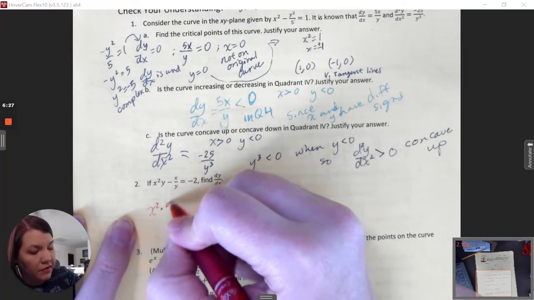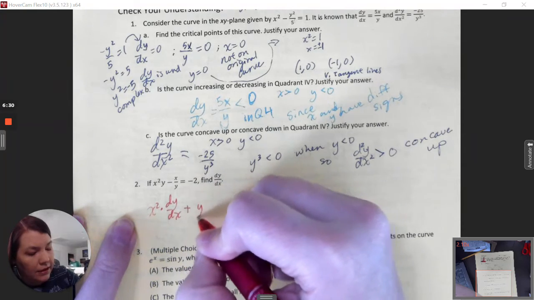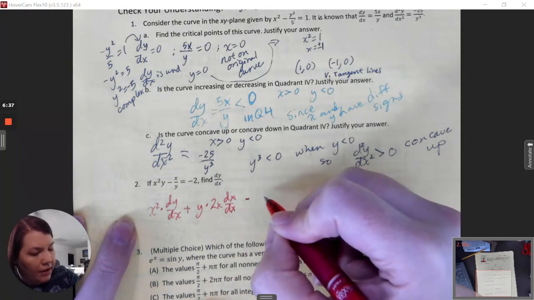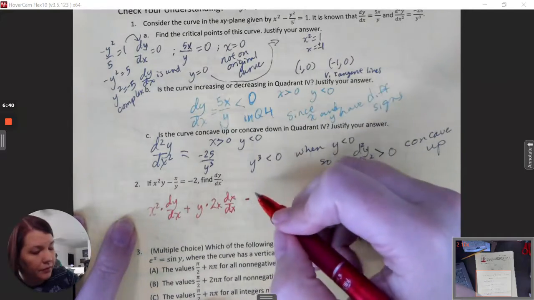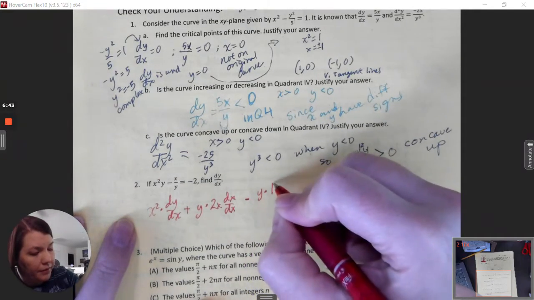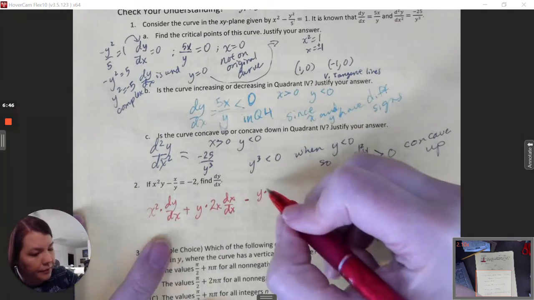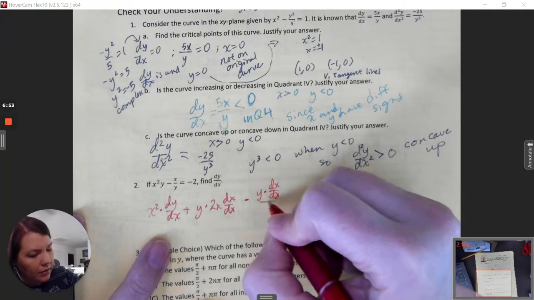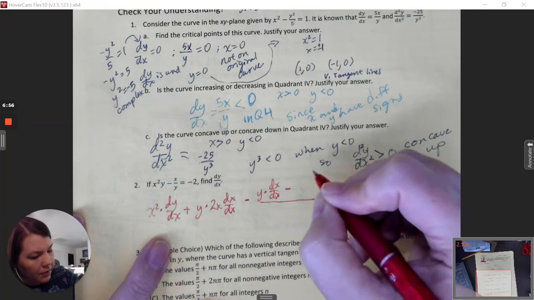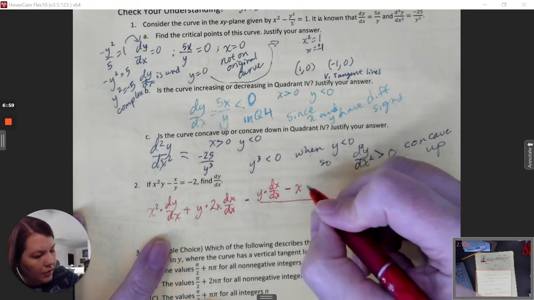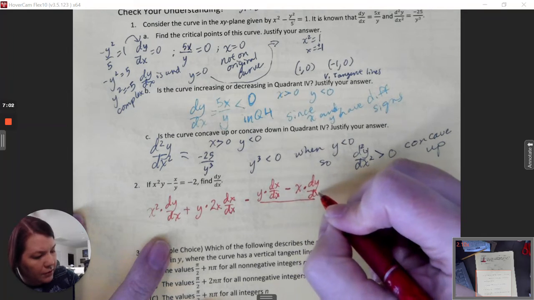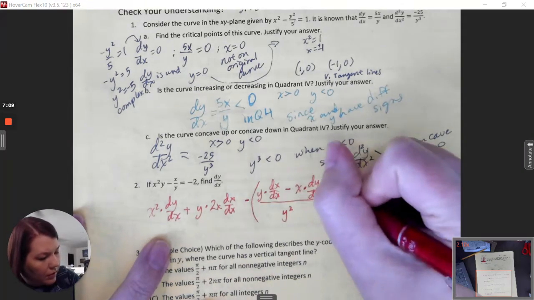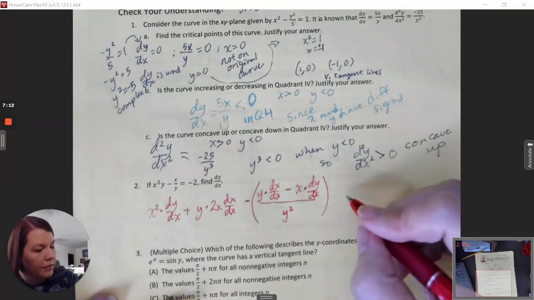So first times the derivative of the second plus the second times the derivative of the first, minus quotient rule: down d up minus up d down all over down squared, equals 0.